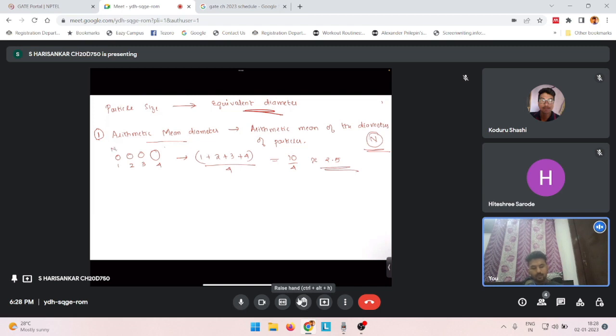Let us say we have n1 number of particles of diameter 1, n2 number of particles having diameter 2, then n3 and n4 number of particles for diameters 3 and 4. And similarly, let us say, take the diameters as d1, d2, d3, and d4. And nt is the total number of particles that we have in the particle mixture.